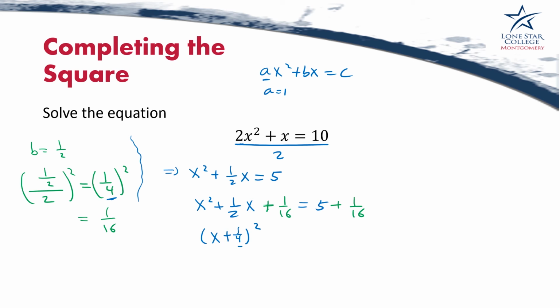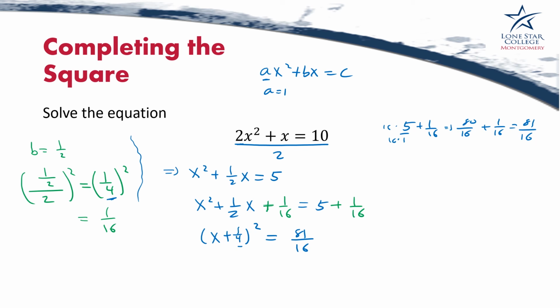And on the right side, 5 plus 1/16, think of it as 5/1 times 16/16. That would be 80/16 plus 1/16, which gets you 81/16.